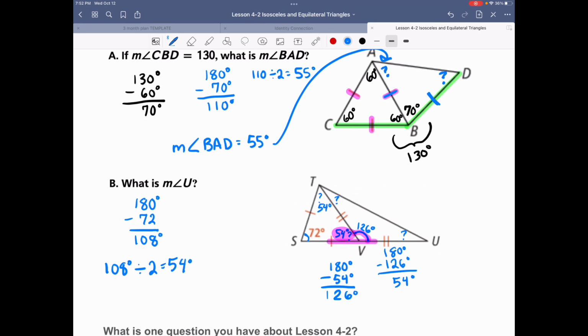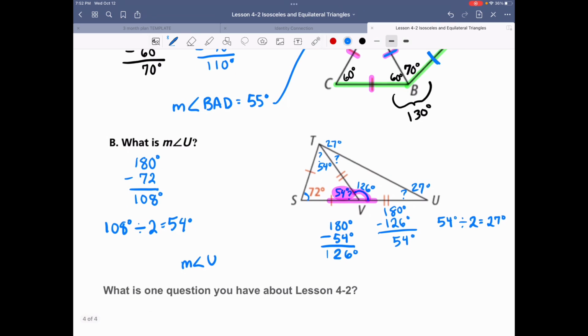And then we're going to divide 54 by 2, and that would equal 27 degrees. So the measure of angle U is 27 degrees, and up here is 27 degrees. So we'll write the measure of angle U to answer the question is equal to 27 degrees. And it's just a little puzzle.